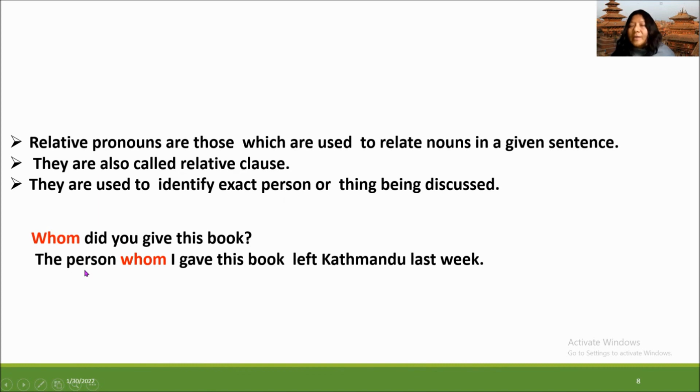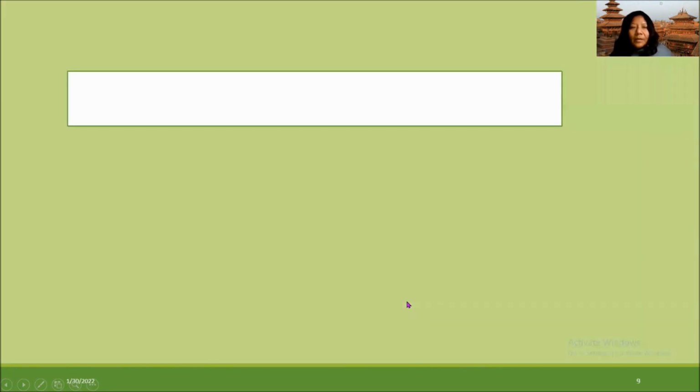The person whom I gave this book. So whom identifies the exact person. This is the difference between interrogative and relative pronouns. The words are the same, but when we use them in a sentence, you can find what interrogative pronouns are and what relative pronouns are.